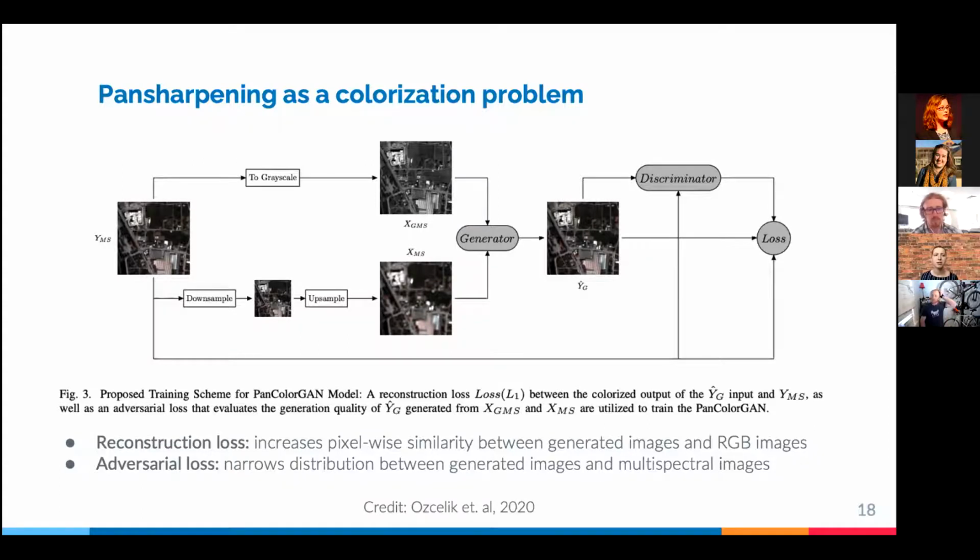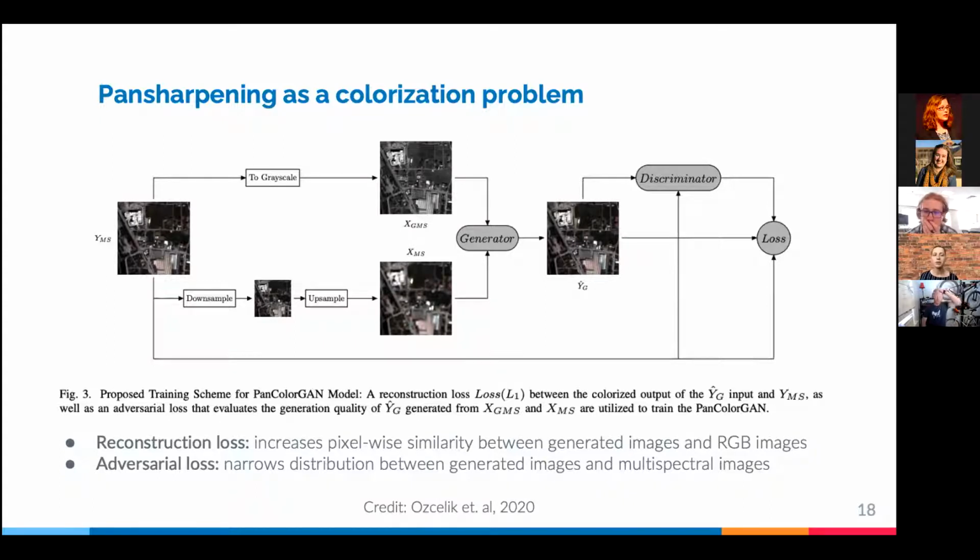And it does this through 2 types of losses. So there's a reconstruction loss that increases pixel-wise similarity between the generated image and the original multispectral image, and the adversarial loss that narrows the distribution between the generated images and the multispectral images. So this adversarial loss is where the adversarial part of GANs comes in, and that's making those fake images look more like the real image.